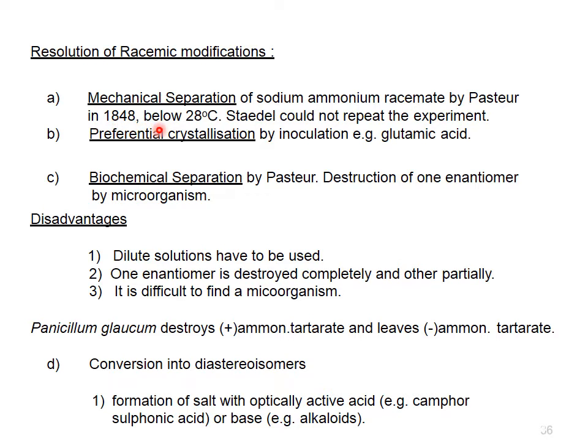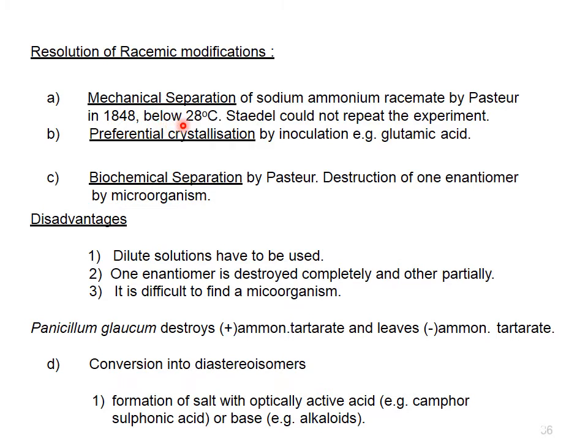But below 28 degrees Celsius, Staedel could not repeat the experiment. Staedel was another scientist who tried to repeat the method of Pasteur for the separation of enantiomers, but he could not separate them because the temperature was below 28 degrees Celsius. This means that for mechanical separation, temperature plays an important role.